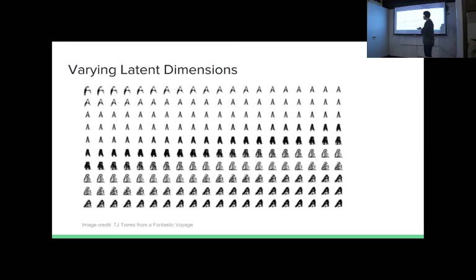He did a post called The Fontastic Voyage, where he tried to create fake fonts using GAN. This is just the letter A varying over the latent space. You can see there are different families of fonts hidden within that latent space. Again, this was unsupervised, so there's no telling what's going to come out of it. It just bubbles out naturally.